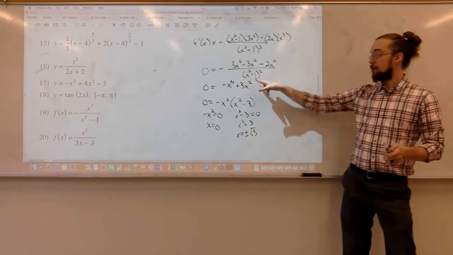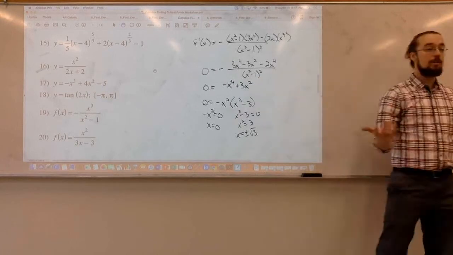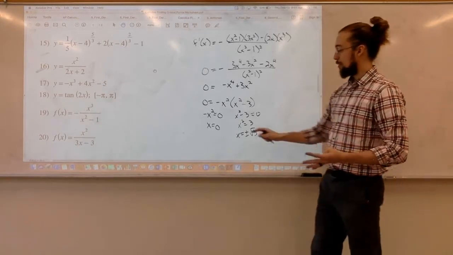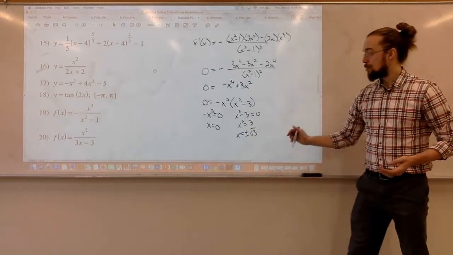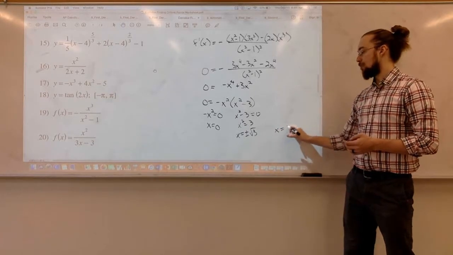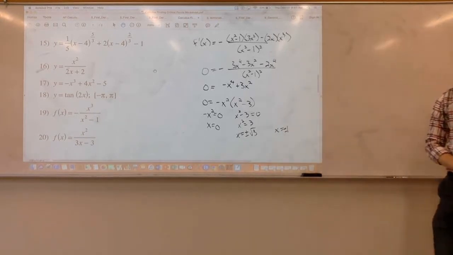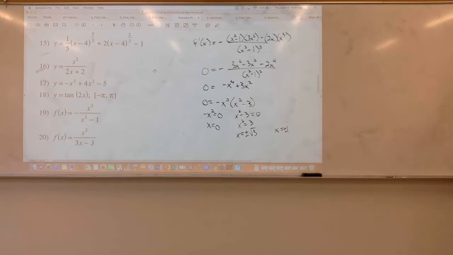If I plug in 1 here in the denominator, I would get a 0. So this one has critical values at 0, positive and negative square root of 3, and also at x equals 1. Yeah, you're right. 5 critical values.